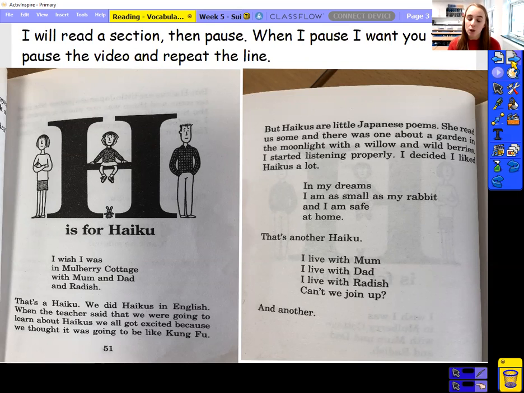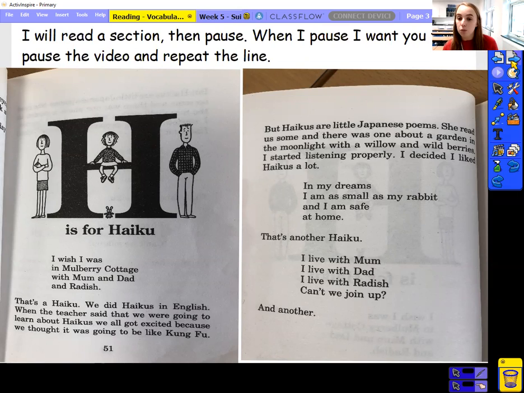That's a haiku. We did haikus in English. When the teacher said that we were going to learn about haikus, we all got excited because we thought it was going to be like Kung Fu. But haikus are little Japanese poems. She read us some, and there was one about a garden in the moonlight with a willow and wild berries.